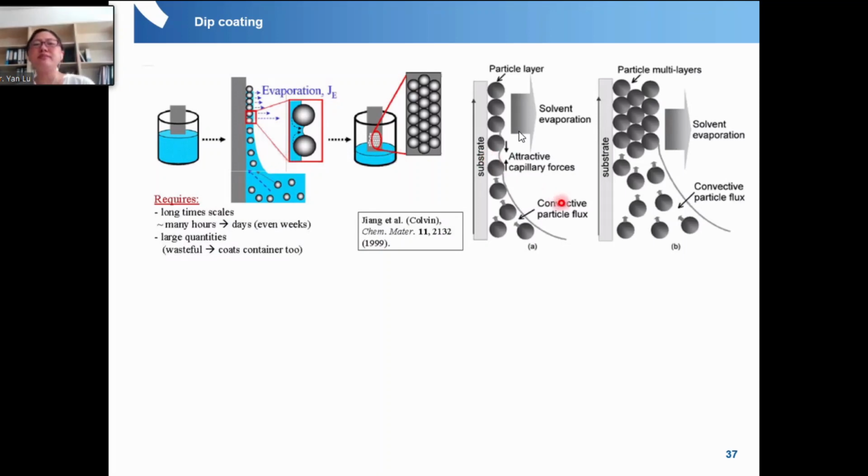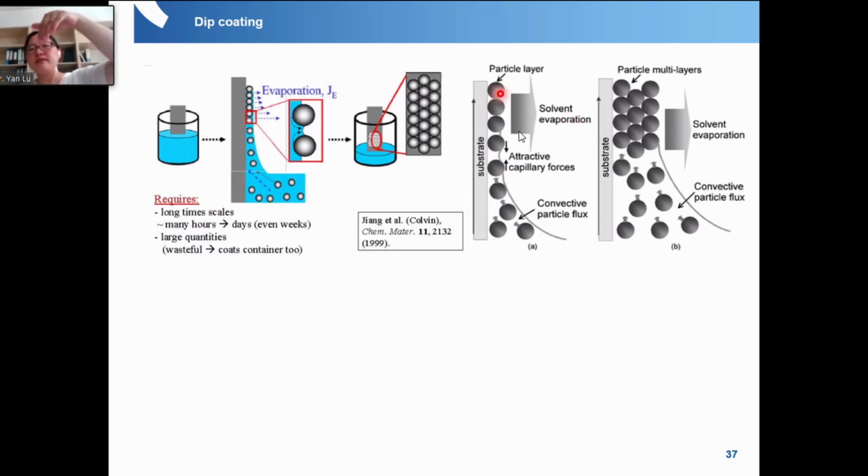And this is the principle of dip coating. The formation of the film should be similar. You have a substrate, and due to the solvent evaporation, you bring a capillary force on the surface.